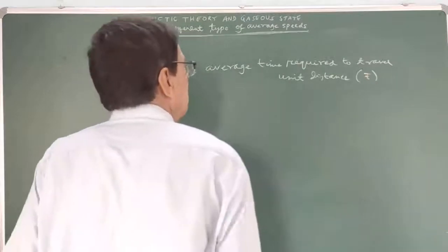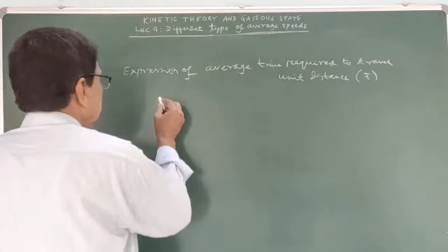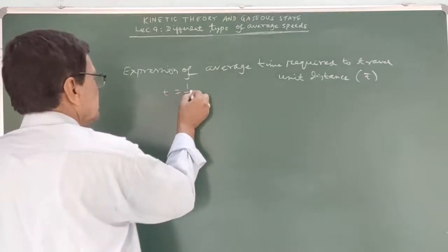Average time required to travel this unit distance. So T equal to 1 by C.